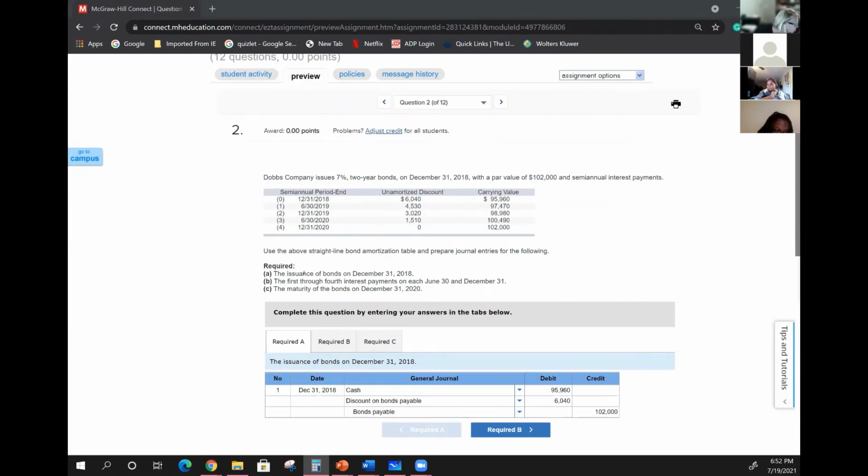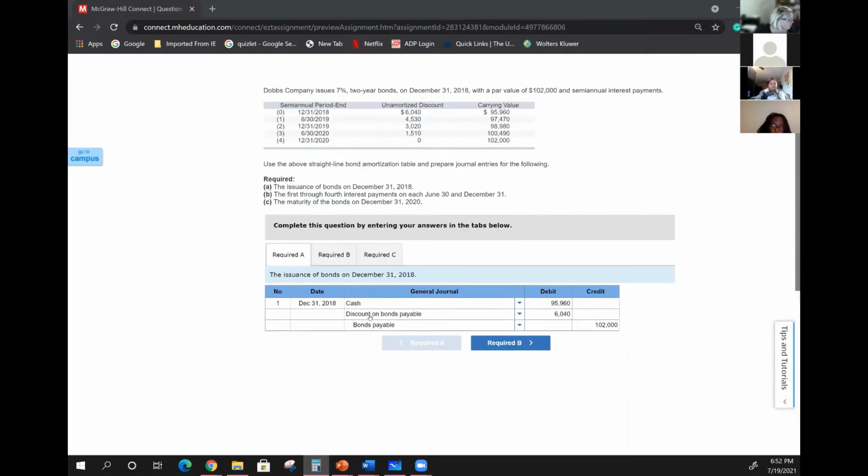Let me see where it tells you to do that. It's going to be B. All right, so let's just look at the journal entry real quick from when we sold the bonds at a discount. So it tells me the par value is 102. That's what I want to set up my bond payable for, the 102. So the payable is going to match the face value.